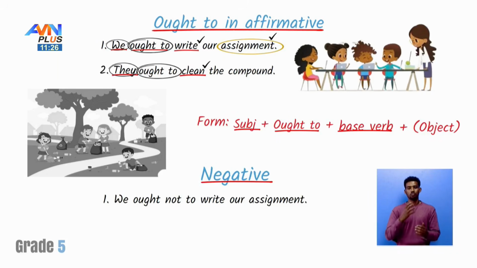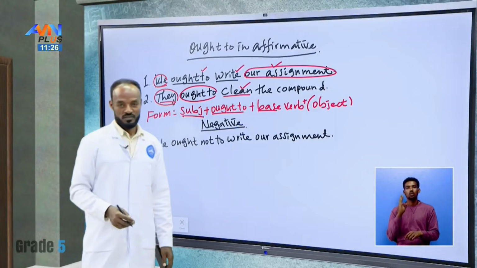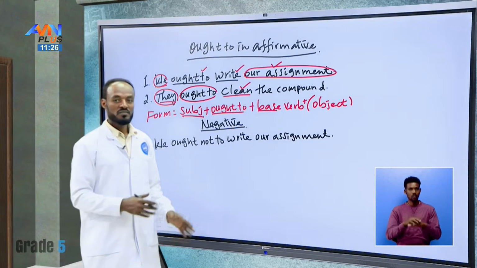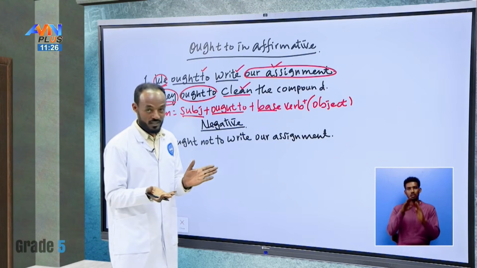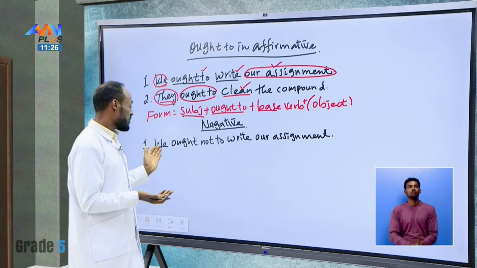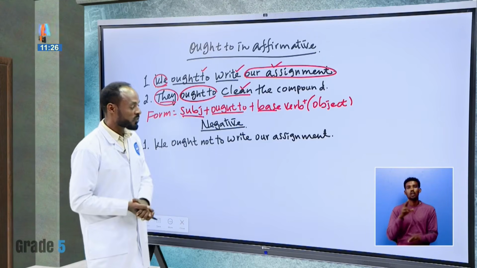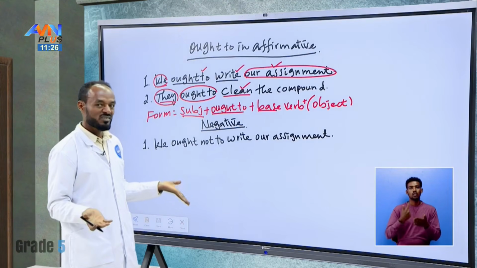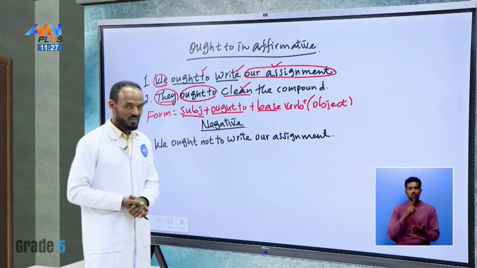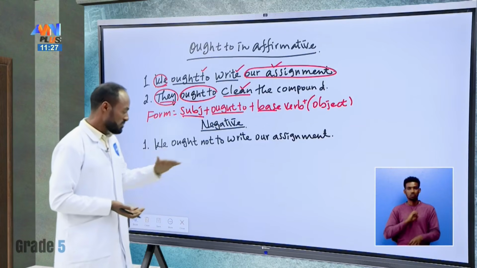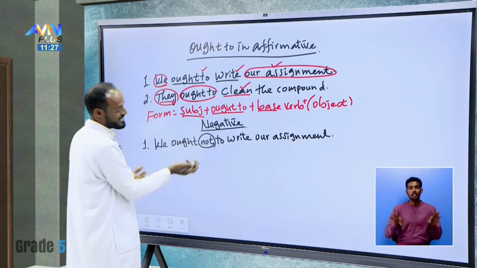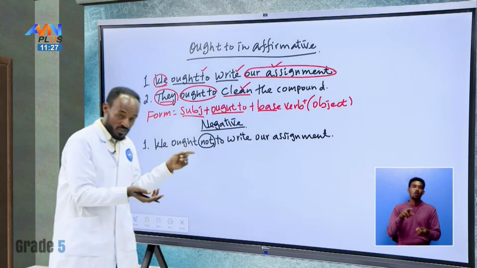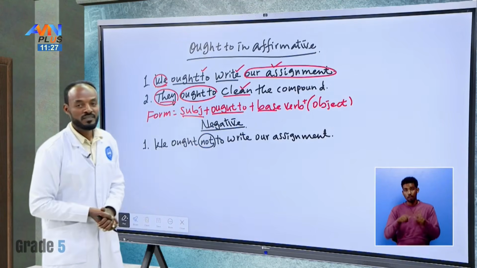But such kinds of structure are not well known in English. Okay? It's just less important. It's less common. Am I right? We can say we ought not to write our assignment. It's not this sensible. So, you can understand that if necessary, we can adjust in this way. Still it is possible, but it's not this advisable.